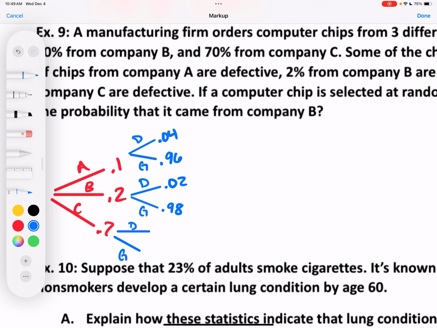And then C is 0.5%, which is 0.005, and then 0.995. You tracking so far on setting this up? All right, zoom it back out because I need to go over here.